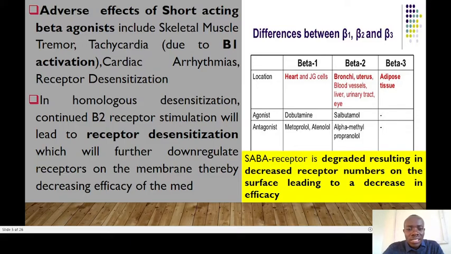All right. So we could also have adverse effects of these short-acting agonists. Guys, I want you to understand that these beta agonists normally activate beta 2 receptors. And when you talk about beta 2 receptors, we also have other types of beta receptors like beta 1, that is majorly found on the heart and juxtaglomerular cells in the kidneys, and also beta 3 that is majorly found in the adipose tissue.